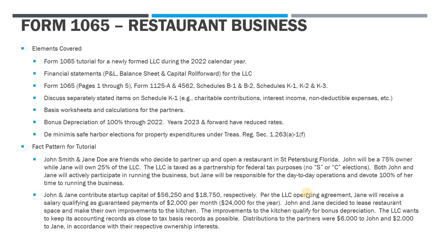Now, John and Jane, they didn't go all in and buy an actual property yet. They're just leasing a space, which is fine. And they can make improvements to it under the lease agreement, right? So what we'll see is that they did make some improvements to the kitchen, and that's where we'll get our bonus depreciation. And the LLC, to make things a little easier, they want to keep their accounting records kind of on a tax basis.